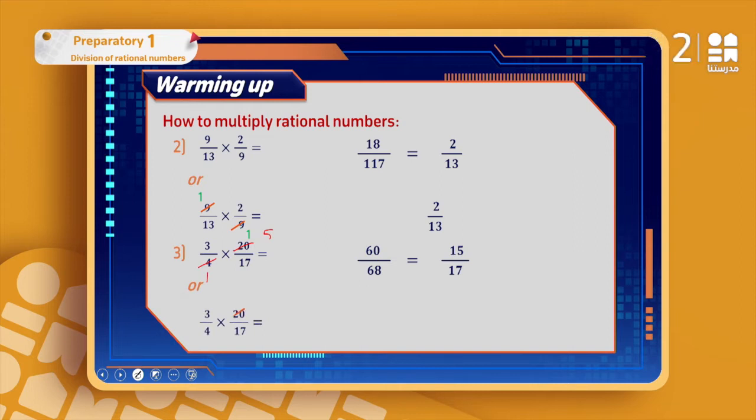So we get it immediately instead of multiplying 4 times 17 and 20 times 3. This way we will take much time. So keep in mind, you have to simplify before multiplying if possible.